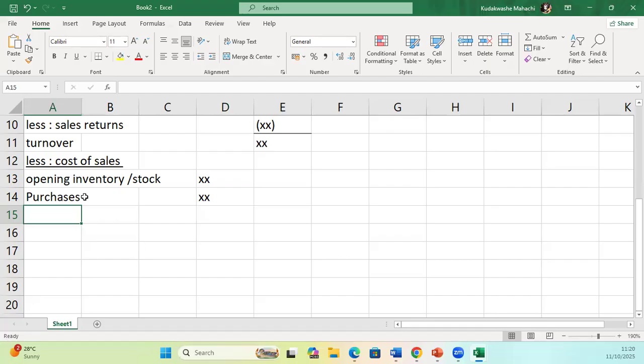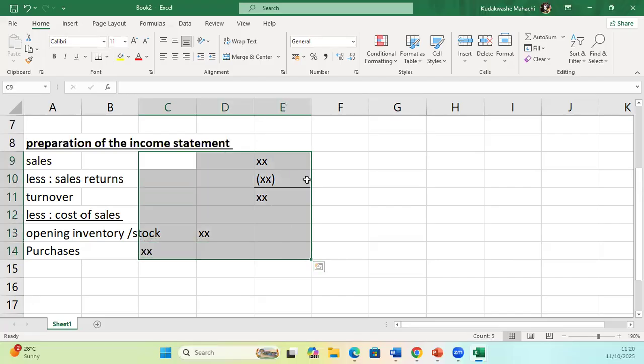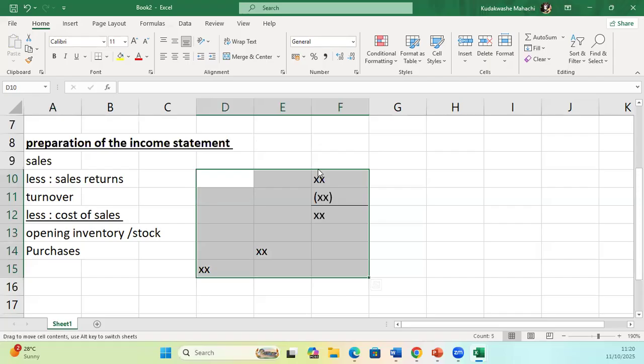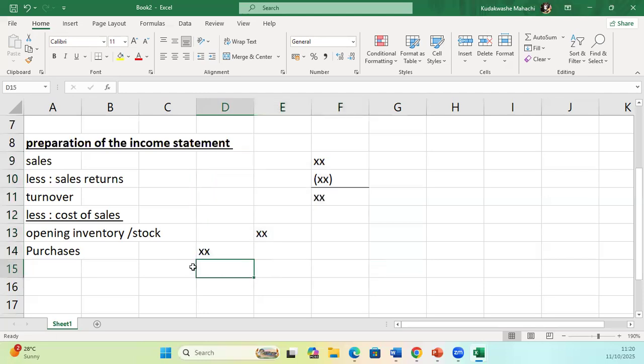But if there are any returns, or rather, let's put the purchases in this column.